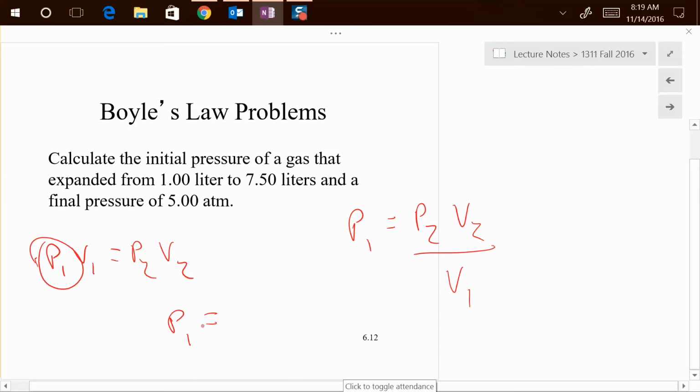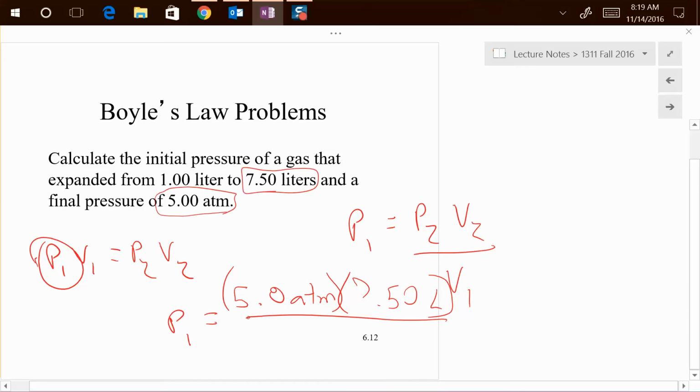P1 is equal to P2, which is 5 atmospheres, times V2, which is 7.5 liters, divided by V1, which is 1.0 liters. So 5 times 7.50, what do we find?